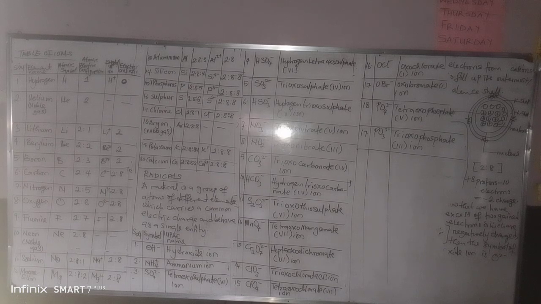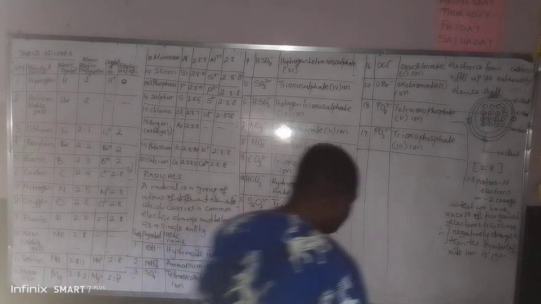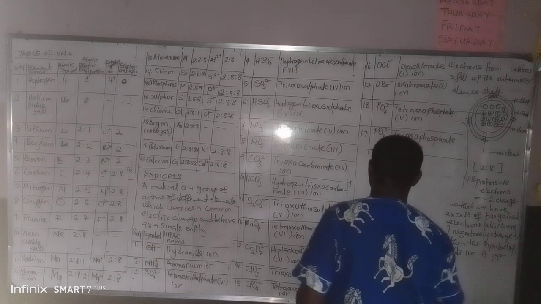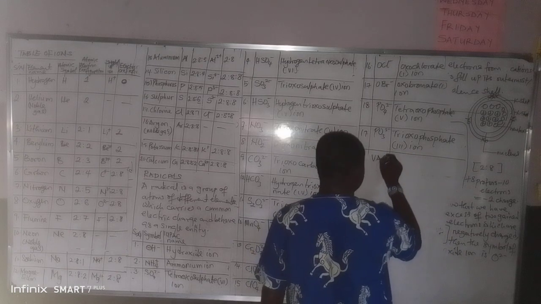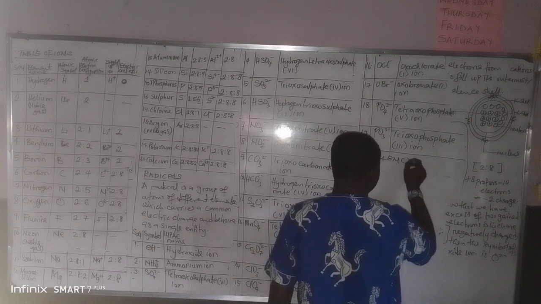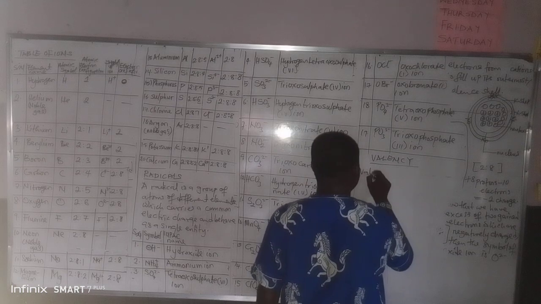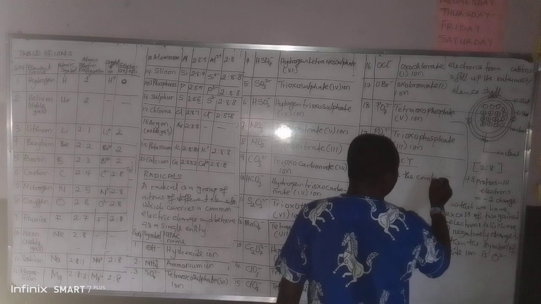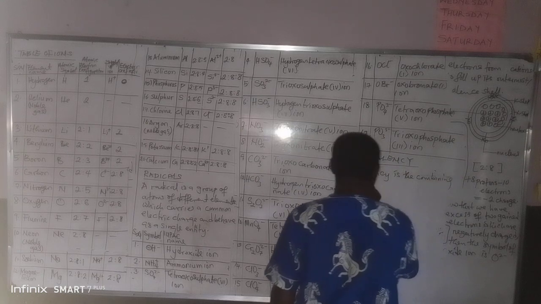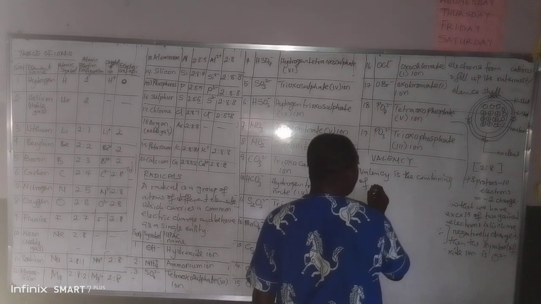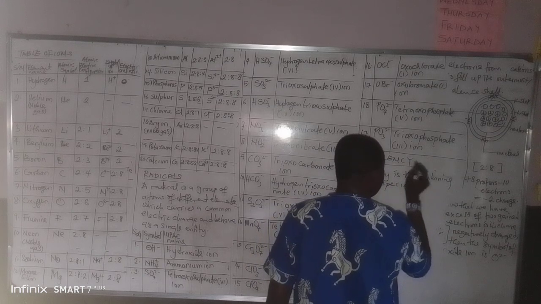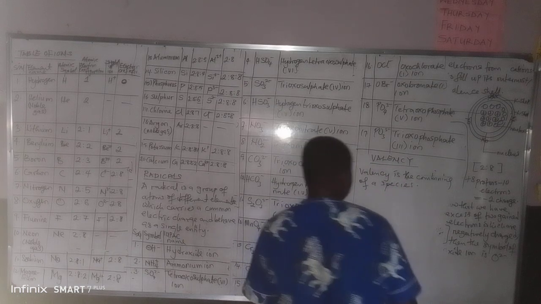So then we can move on to look at valency and oxidation state. Valency. What is valency? Valency is the combining power of a species. That species can be an atom, can be a radical, whatever.